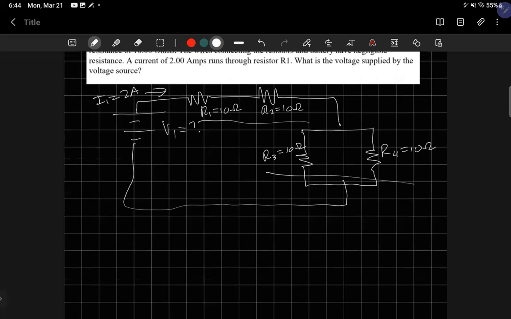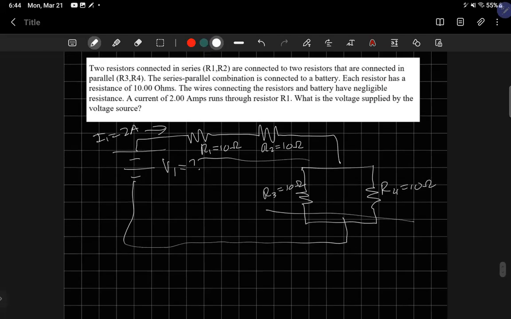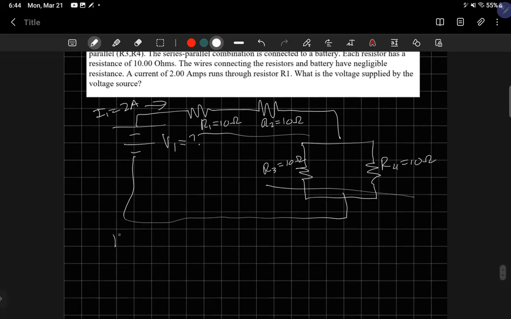What I would do here: we have resistance, we have current, and I want to know voltage. That is basically trying to scream to you to use Ohm's law. And it quite nicely gives you everything you need.